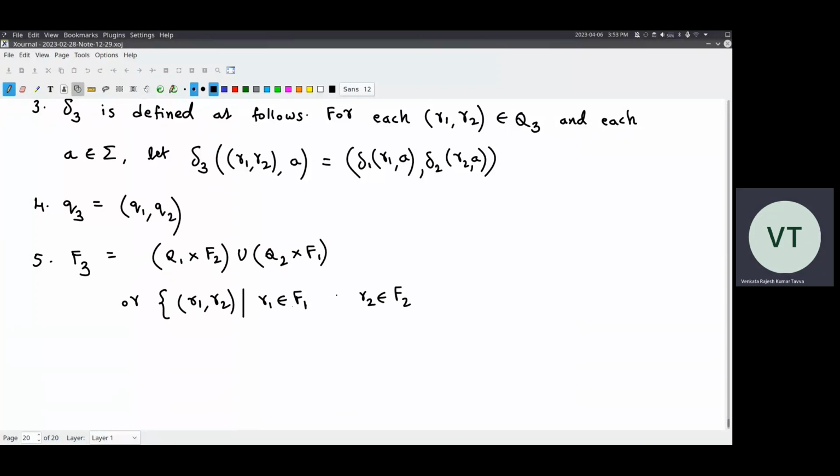What should I write here? R1 belongs to F1 or R2 belongs to F2. That's all.